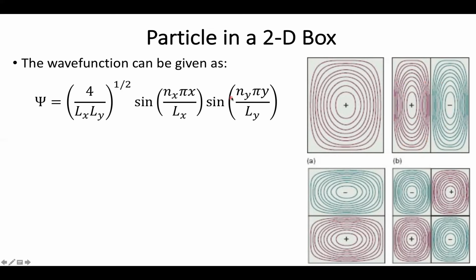And in the y direction, ny still equals 1, so it's the same as in the ground state. So this is going to have a slightly higher energy as I'm now moving more of the wave function in the x direction towards the edges of the box.